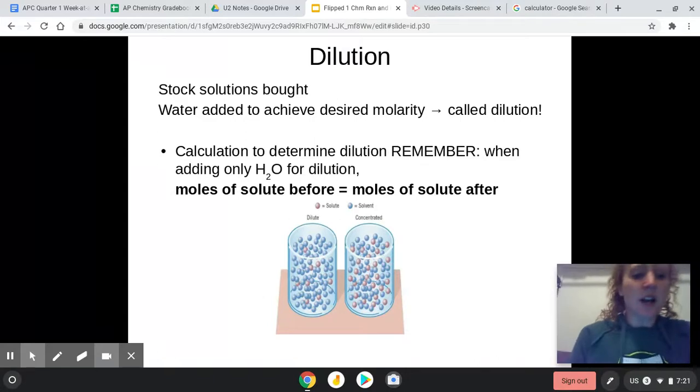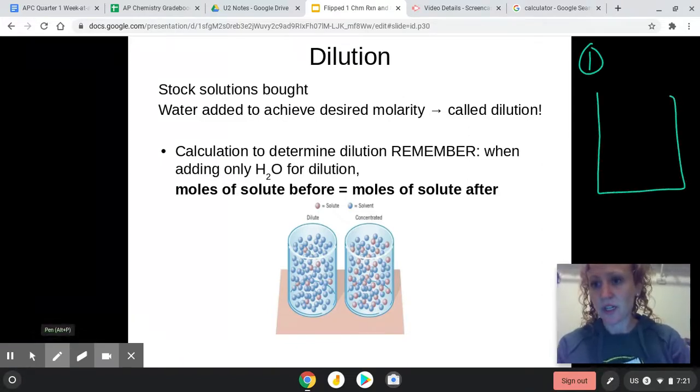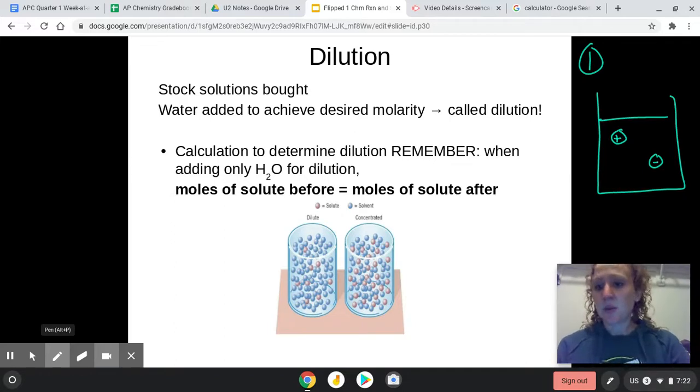So when we're talking about altering the composition of a solution, the easiest way to alter the composition of a solution is by putting in more solute, right? So let's say we have a solute and it has to do with sodium and chloride ions. We have 1 liter of solution.